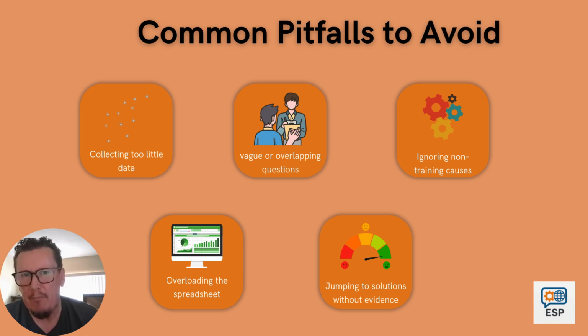Okay, before we wrap everything up here, let's just look at some common pitfalls. The tricky thing is I've mentioned some of these throughout this lecture, but I think it's really important to put them all together. Again, looking for those patterns, grouping everything, it makes a lot more sense instead of having it spread out. The first one here is collecting too little data. So you have too few data points.